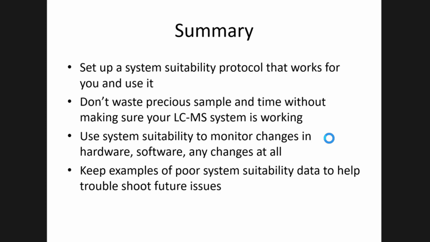So these are all metrics and numbers that can be pulled out of Skyline or out of data processing software that you might normally use. Some of it might not be automatically calculated for you, like not all software will tell you the full width half max, but you can go into the chromatogram and measure it.